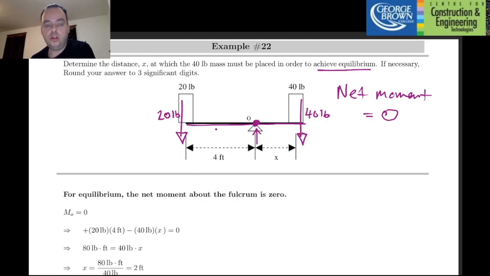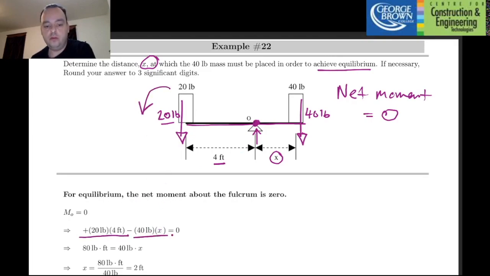So the question here is to find the distance x so that we can have equilibrium. And we can do that by adding up the moment contribution of each of the two objects' weight. Notice that the 20-pound force is 4 feet away from this balance point. There it is. And its moment is positive because it's counterclockwise.